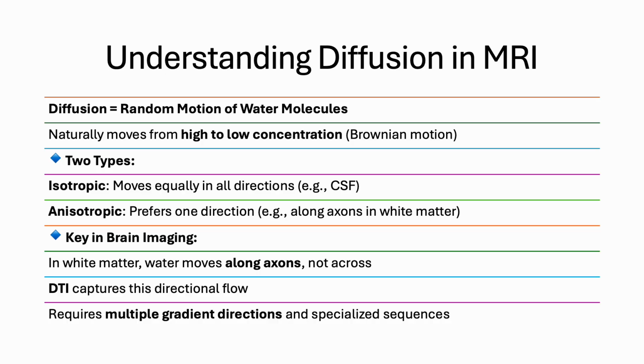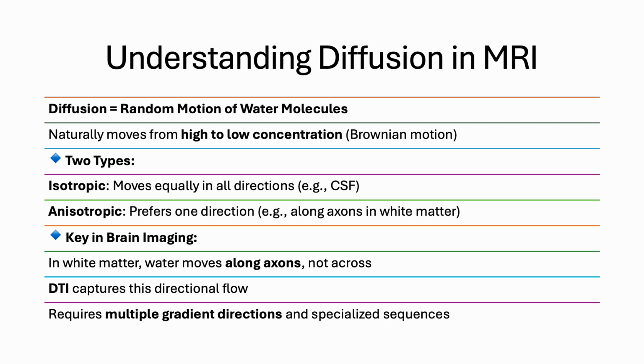Diffusion in MRI refers to the natural random motion of water molecules, what we call Brownian motion. These molecules move from areas of high concentration, or where they are densely packed, to areas of lower concentration. Now, in an isotropic environment, such as a glass of water, molecules will tend to move equally in all directions.